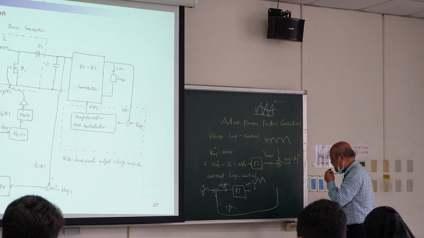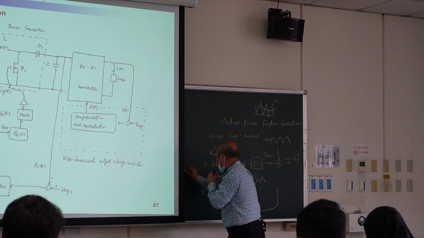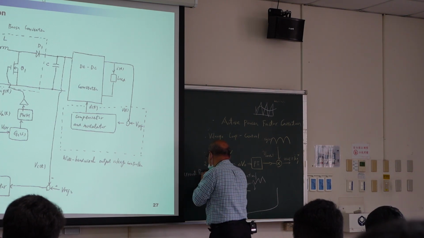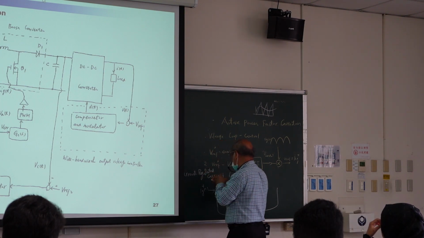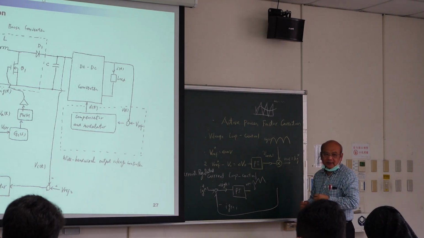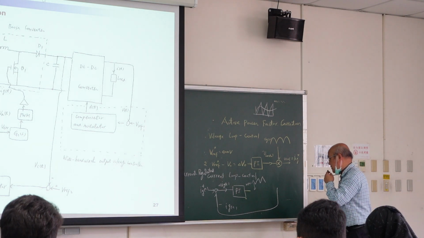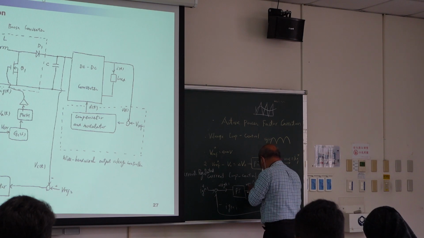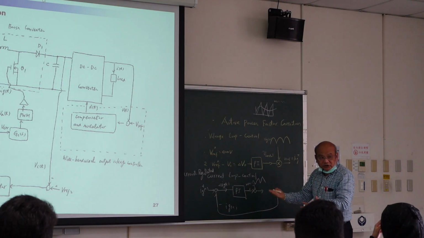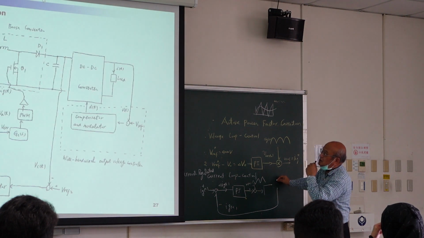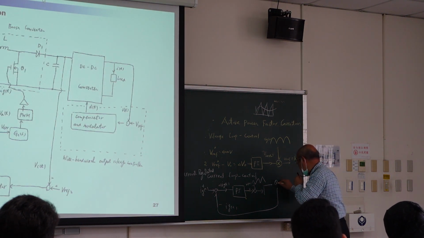We call this current regulated. So this method is called current regulated. We try to regulate the current to follow the current command. So we have PWM, then we compare the control signal and the PWM. Then we can generate 1 or 0. So if this is positive, then we can turn on the Q1.